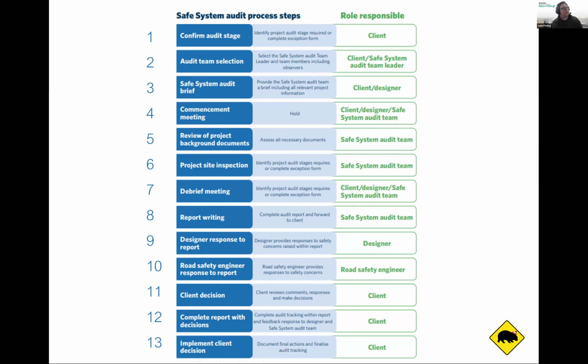If you're not going to do a full safe system audit, it still gets you that safety thinking of what form the intersection might take. Like you might say, well, we've got options between signalizing or roundabouts or raised, and a safe system assessment framework is still a process you can take. Or you could do, as we have done in the past, an initial safety review and then follow up with a formal safe system audit a bit later on once more of the details are known.